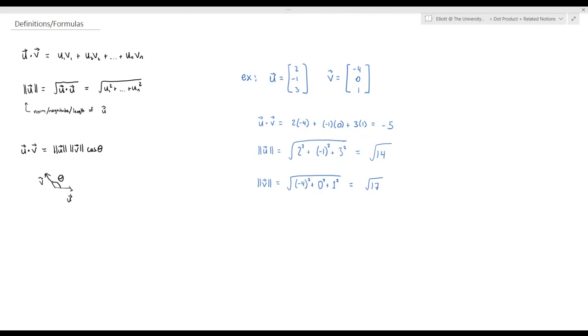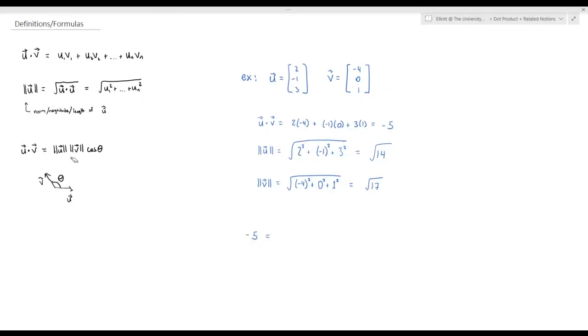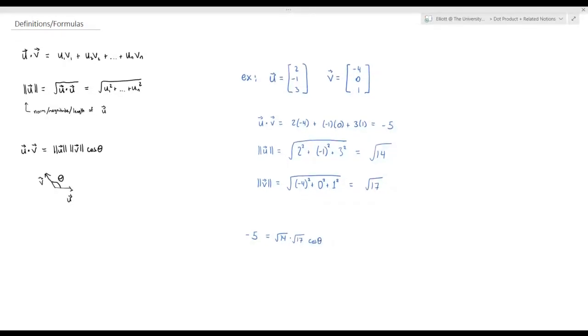If you were looking for the angle between the two vectors, you could use this formula to calculate it. u dot v should be equal to the norm of u times the norm of v times the cosine of the angle between the two of them.